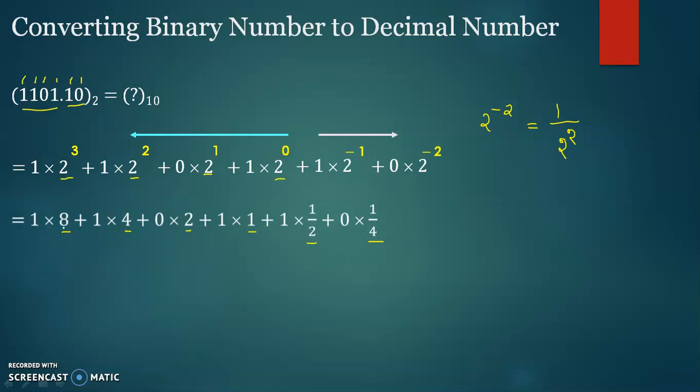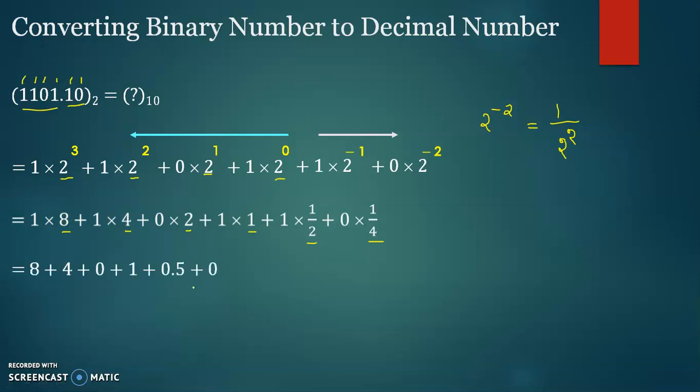Now the next step will be to multiply these numbers with the binary digits. So these 8, 4, 2, 1, half and 1/4 are the simplification of the powers of 2. Now we will multiply these numbers with the respective binary digits.